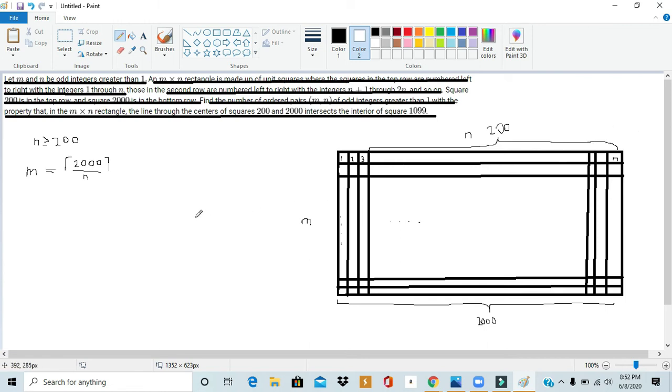So if we take the ceiling function of 2000 divided by n, we should get the ceiling of n times m over n, which will clearly give us m.